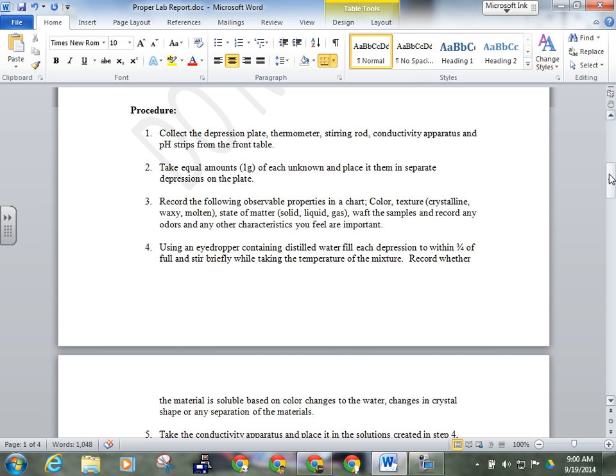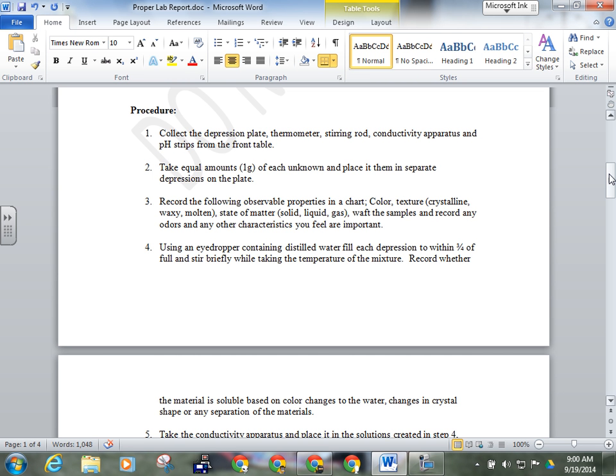Okay, I had a lot of people on the solubility test who just said, add water and record your observations. What if the person doesn't know what solubility is? Okay, we have to explain. Here's what to look for. Here's how you'll know if it's soluble. If the crystals shrink, change shape, if the color of the water changes, okay, or if there's any separation, if one thing floats on top of the other.